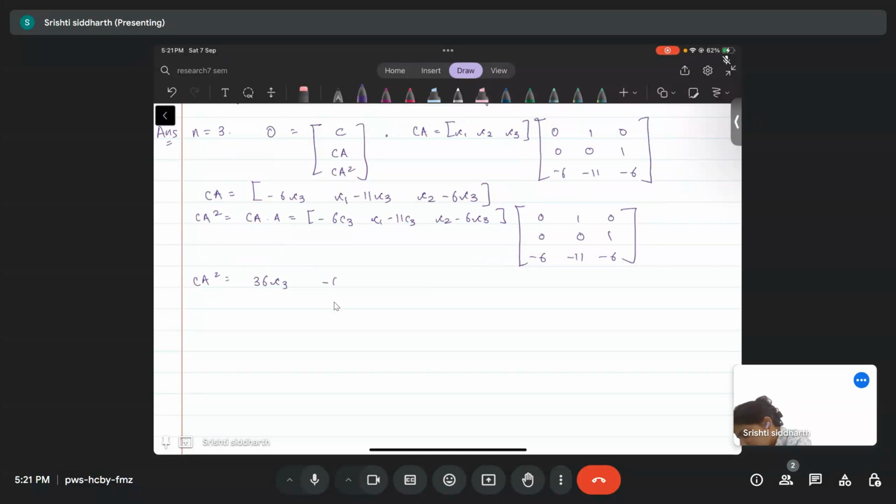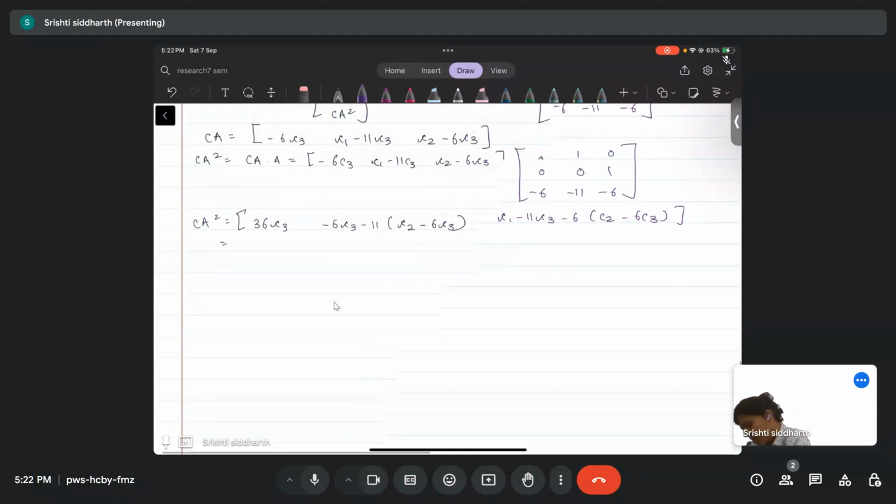Then we have minus 6 C3 minus 11 times C1 minus 11 C3, and the last element is minus 6 C3 minus 11 times C2 minus 6 C3, and then C1 minus 11 C3 minus 6 times C2 minus 6 C3. Let's simplify this before substituting it in the observability matrix.